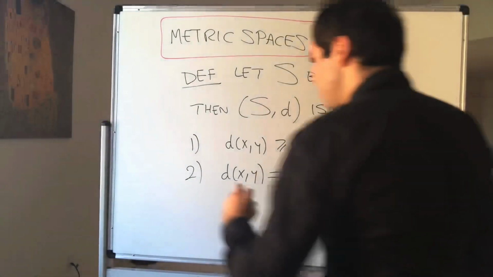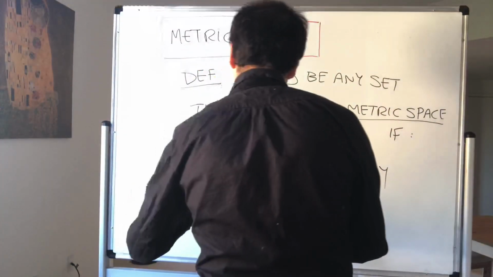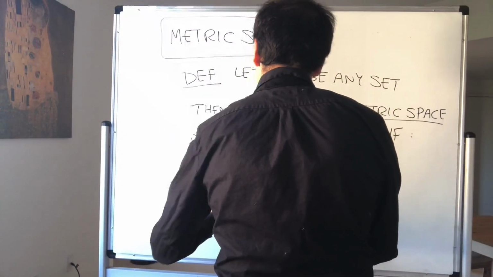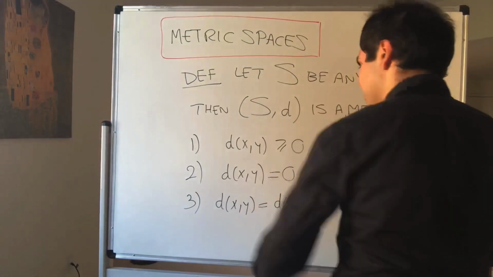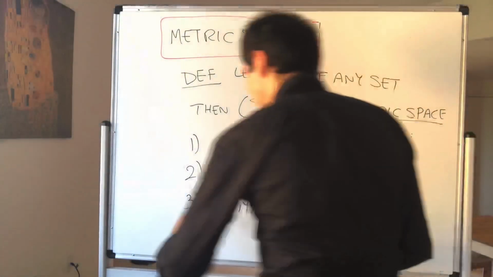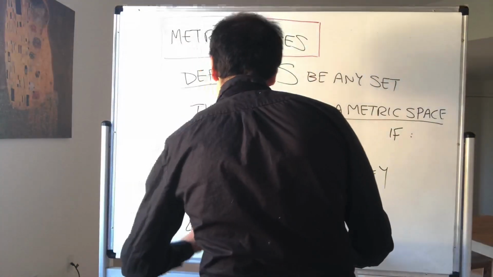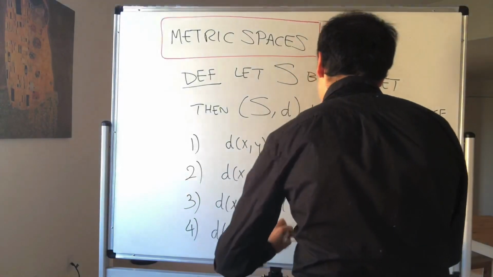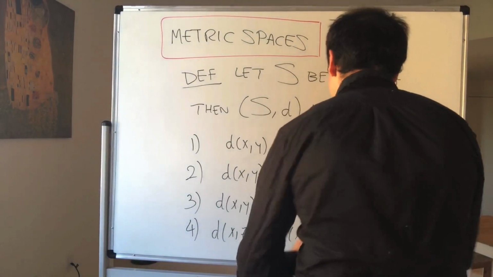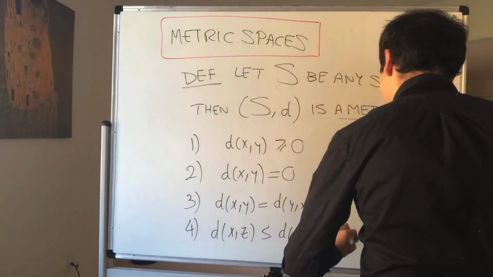And the distance between x and y is the same thing as the distance between y and x. And last but not least, the distance between x and z is less than or equal to the distance between x and y plus the distance between y and z.